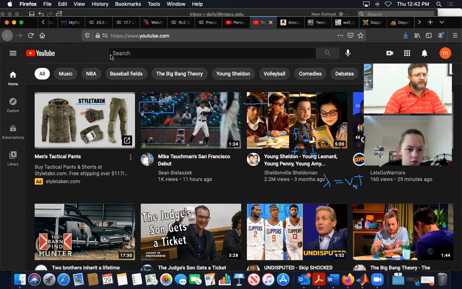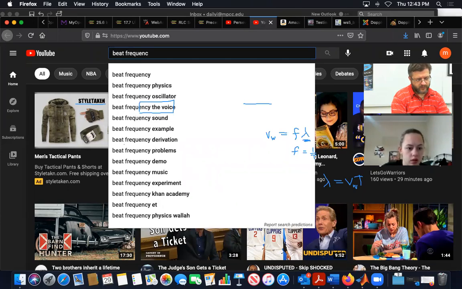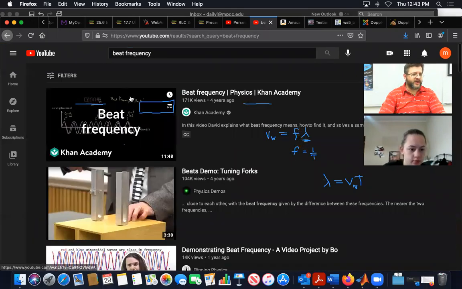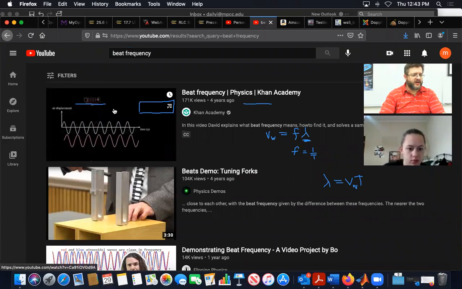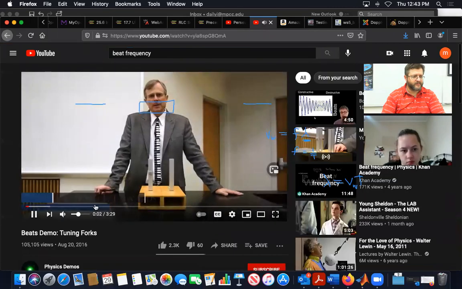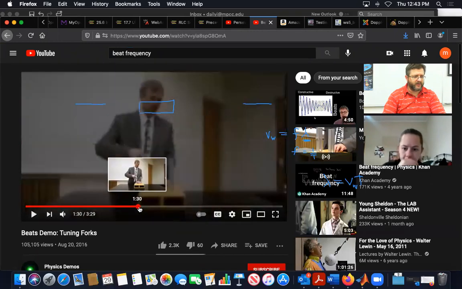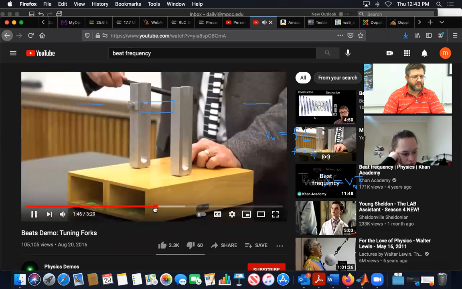So what they're going to do here is they're going to play two different notes together. These are just two tuning forks that are identical, but on one of them they put a little slider that makes this one a little bit out of tune with the other one. So I'm going to demonstrate the phenomenon of beats.